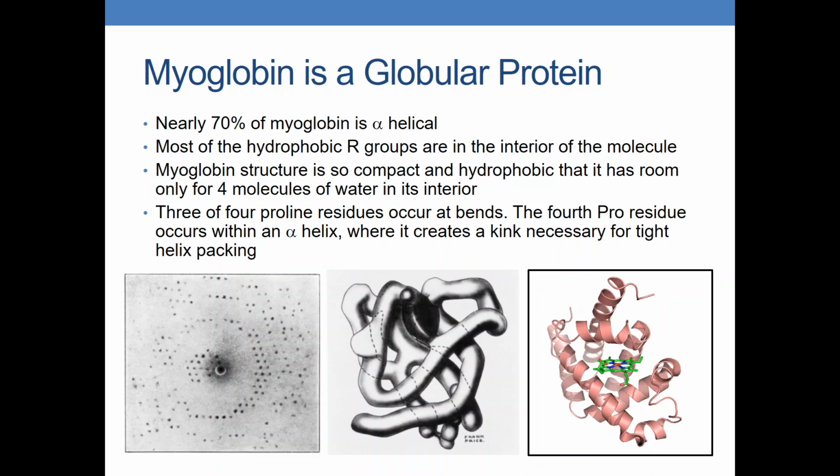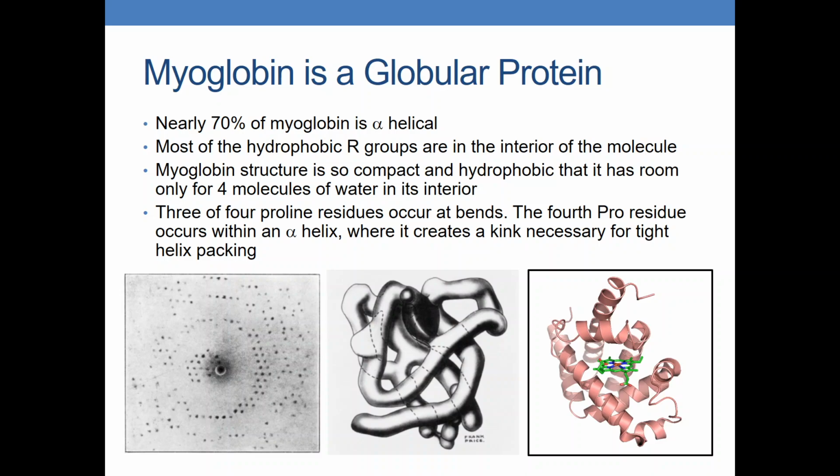Why do we care that the interior is compact and very hydrophobic? Well, this is actually quite important. It all centers on the iron. If you look at this, you'll see there's an orange bit here in the middle. This is an iron atom. So we want this to be in the iron 2 form, the ferrous form.